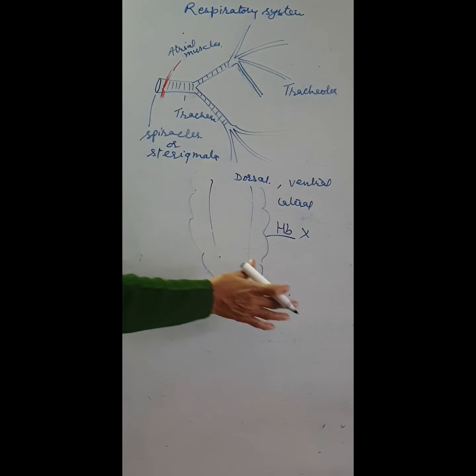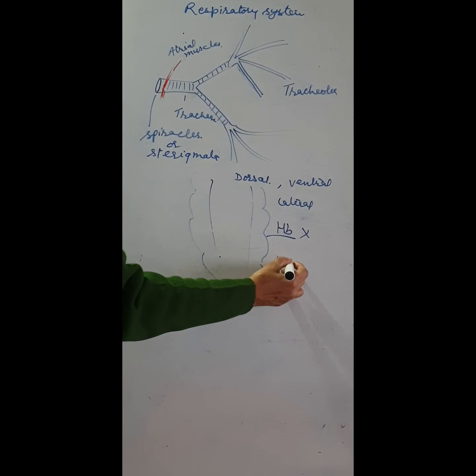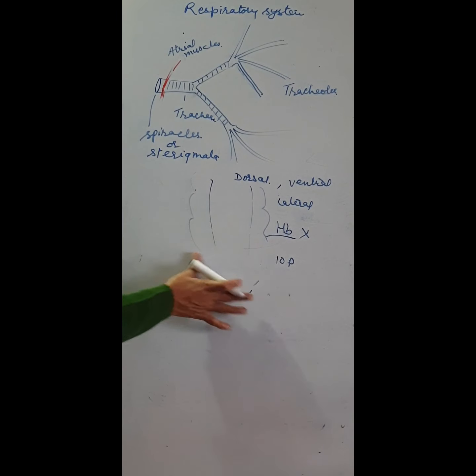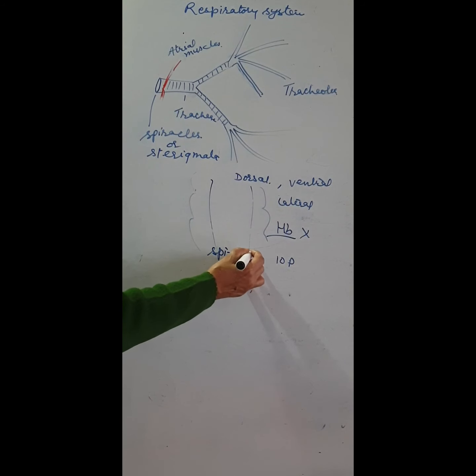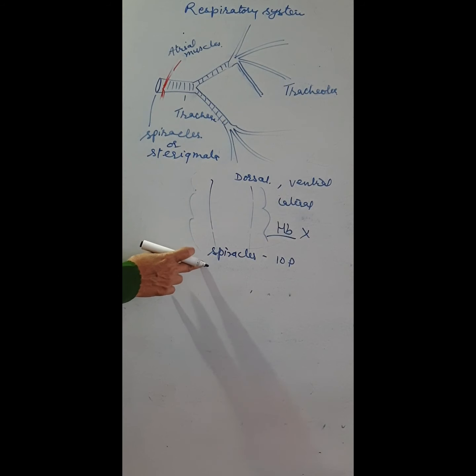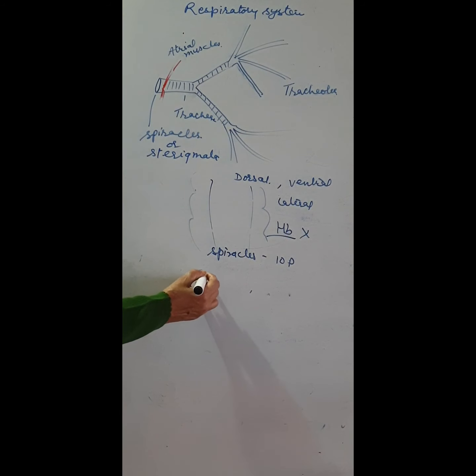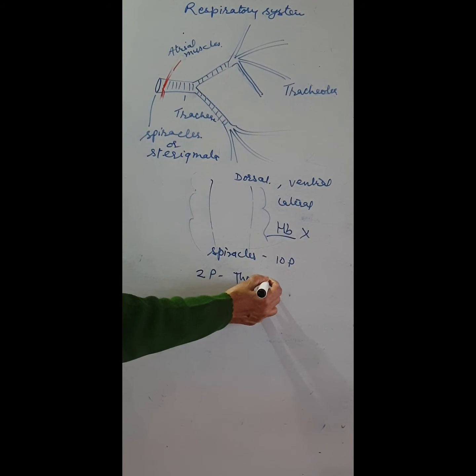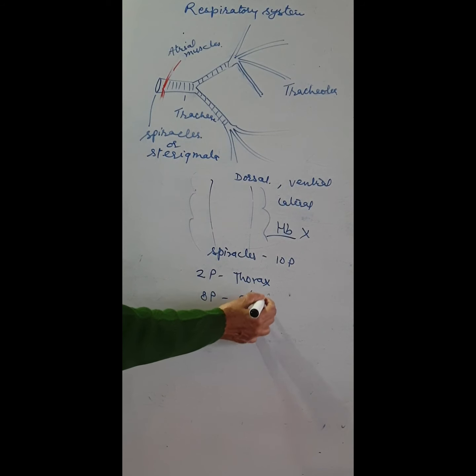The spiracles are 10 pairs. The openings that are found on the surface of the body, the spiracles, are 10 pairs, 2 pairs in the thorax region and 8 pairs in the abdomen.